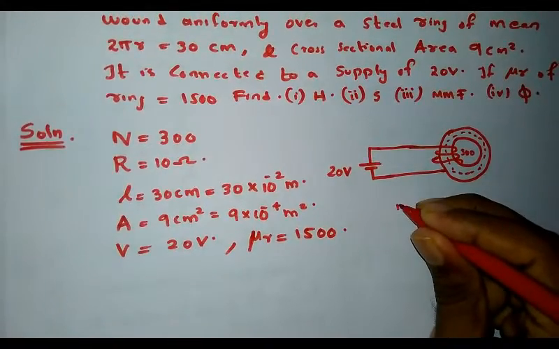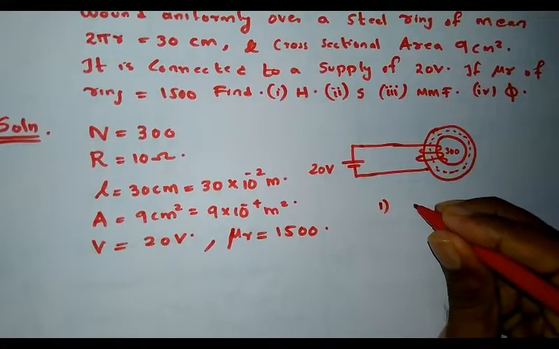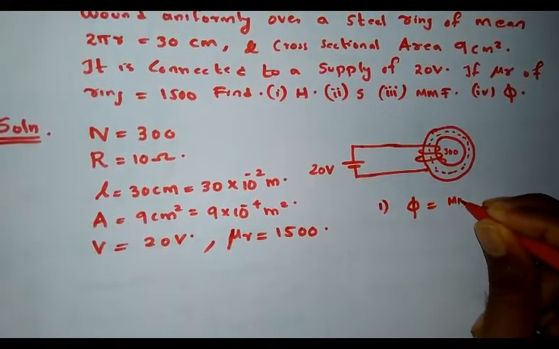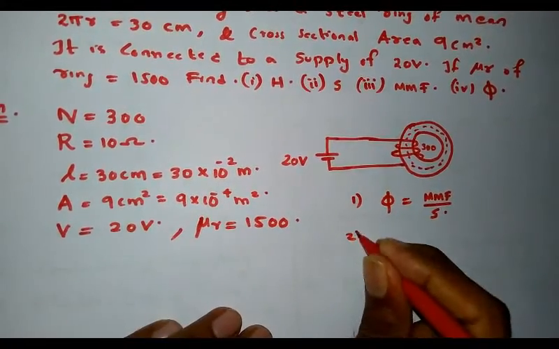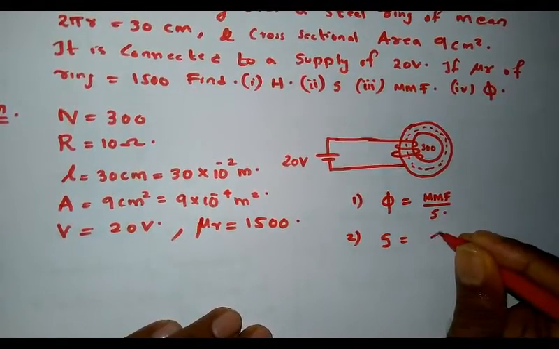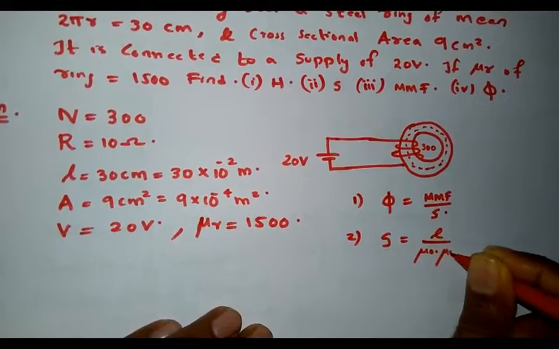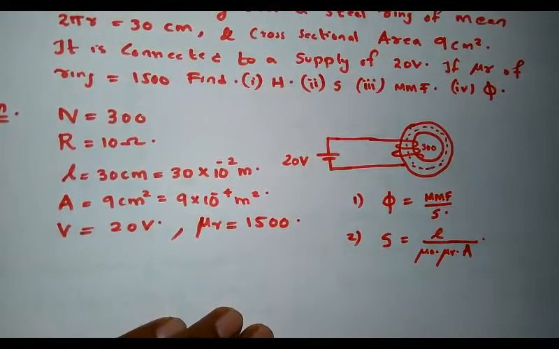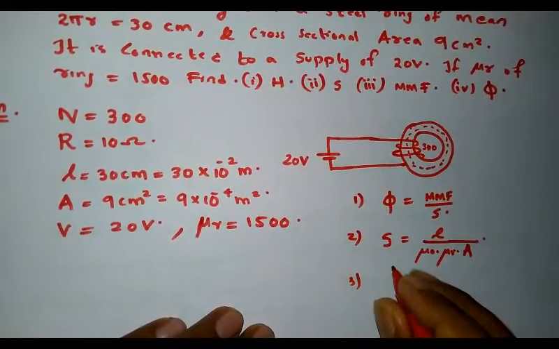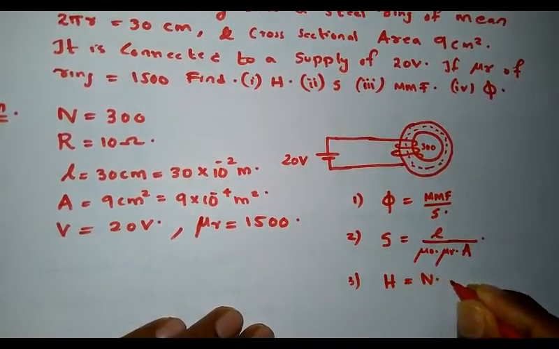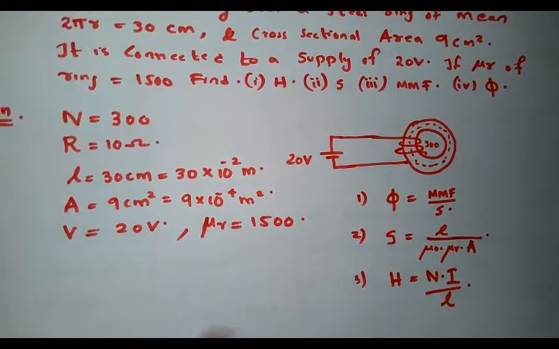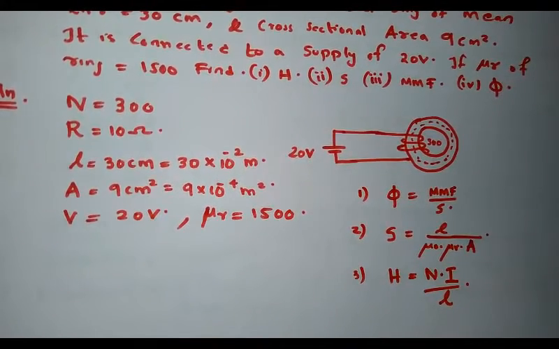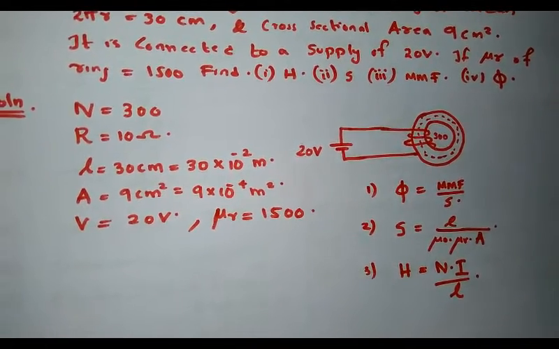The first important one is flux phi is equal to MMF by reluctance S. And the second one is reluctance S is equal to L by mu 0 into mu r into A. And the third important equation is H, the magnetizing force, is equal to MMF or ampere turns by length, Ni by L. So simply I can solve the problem.